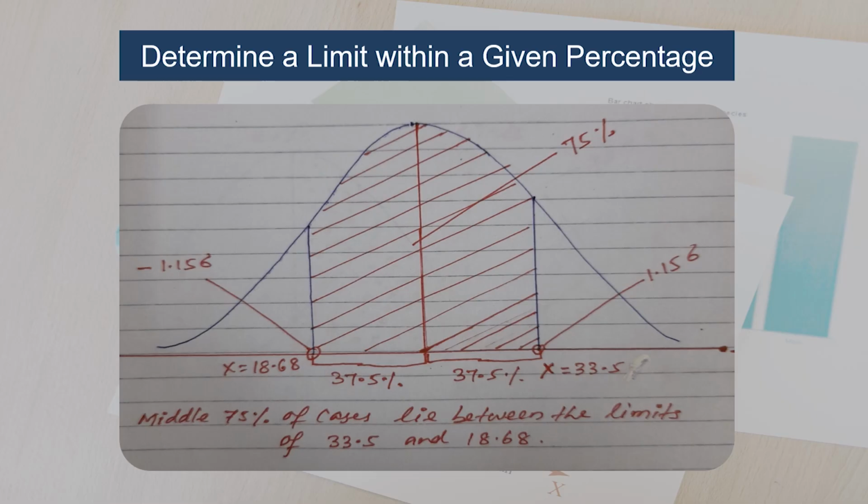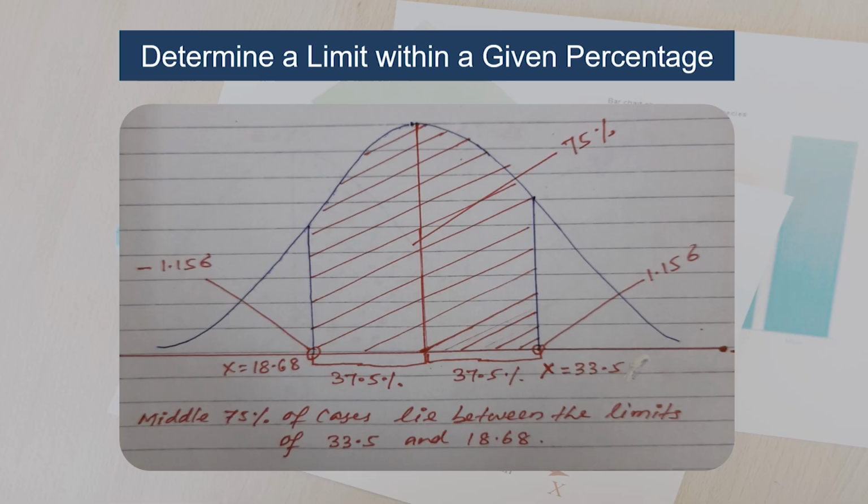And 37.50 we got from the normal probability curve table, that the value is 1.15 standard distance. At the positive side it is plus 1.15 standard distance, and at the negative side it is minus 1.15 standard distance.